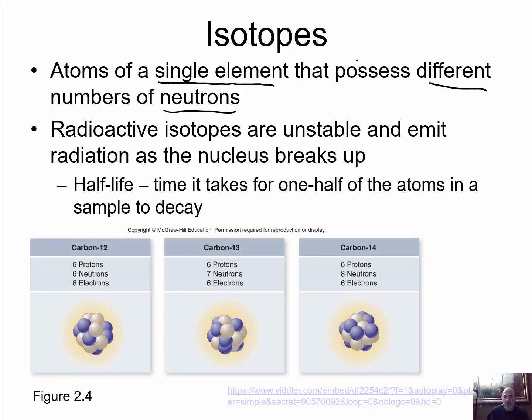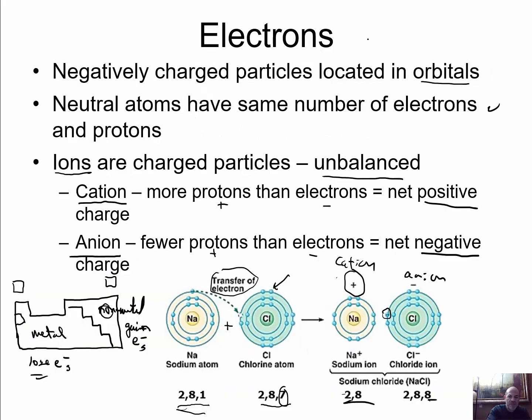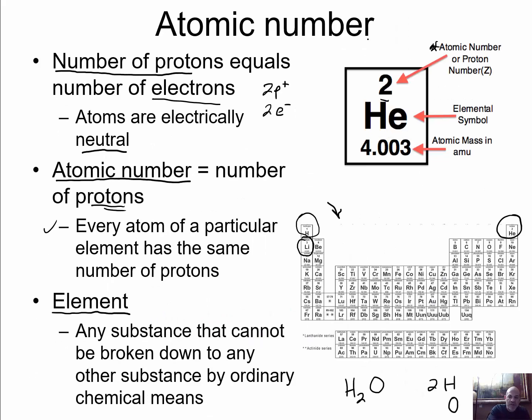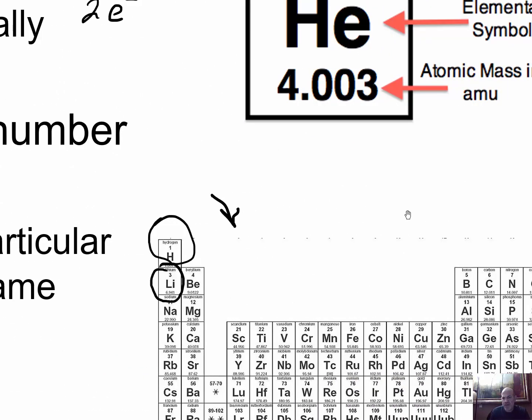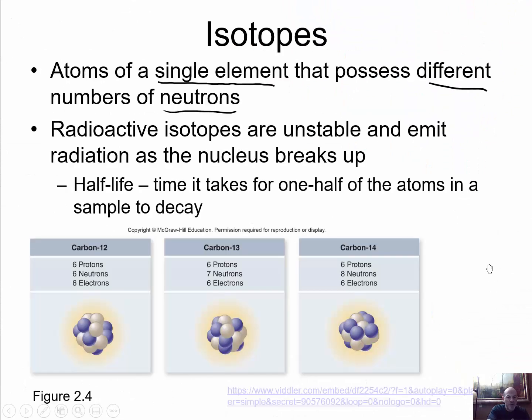For example, carbon on the periodic table has an atomic number of 6. So in order to be carbon, it's always going to have 6 protons in the nucleus. We have a diagram here showing carbon-12, carbon-13, and carbon-14.